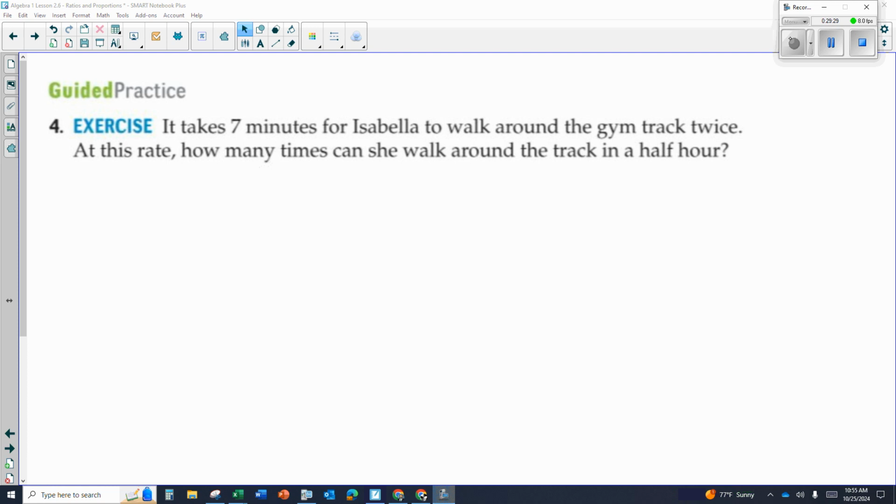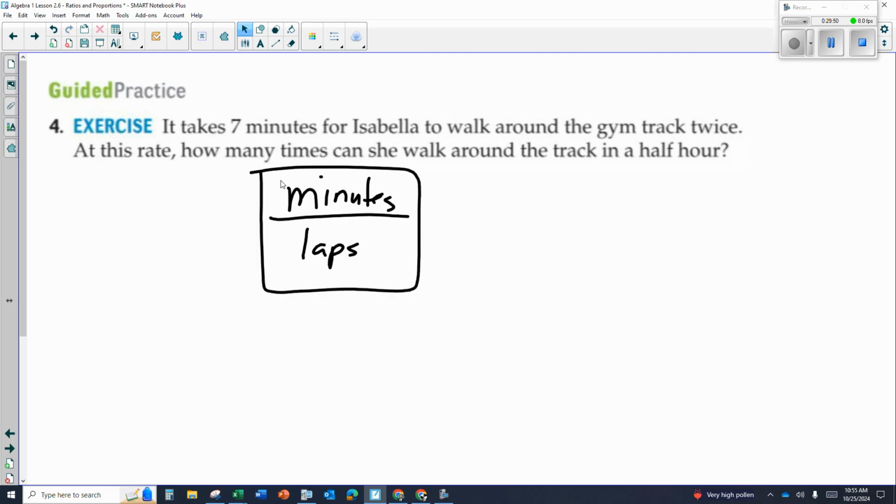All right, so for this example, our key ratio would actually be the minutes in the numerator divided by the number of laps around the track, so laps in the denominator. So that's our key ratio.